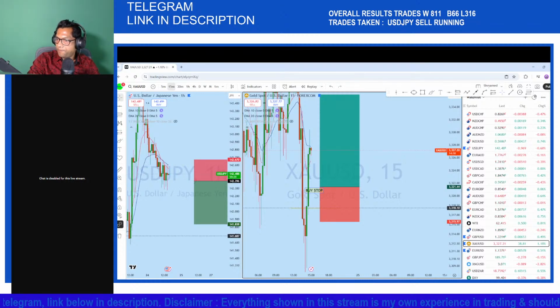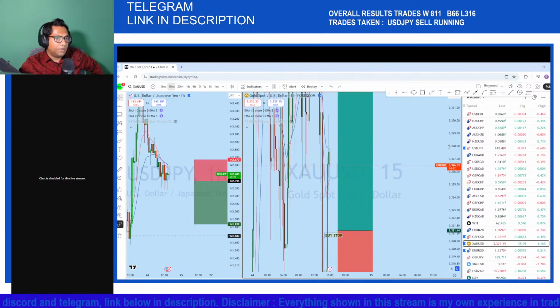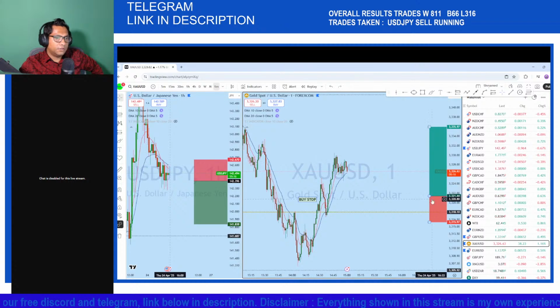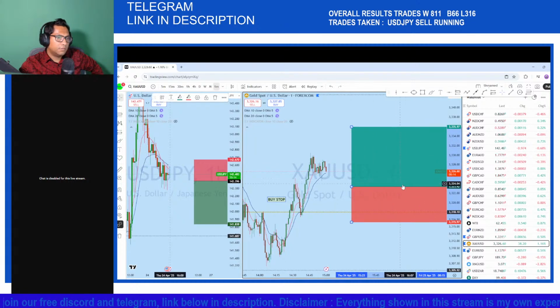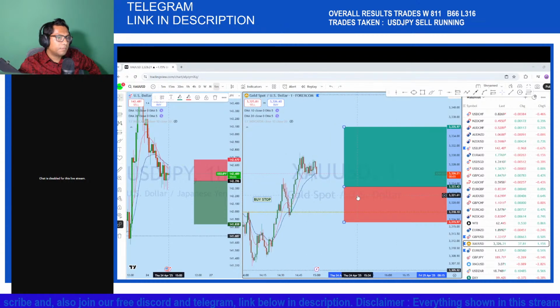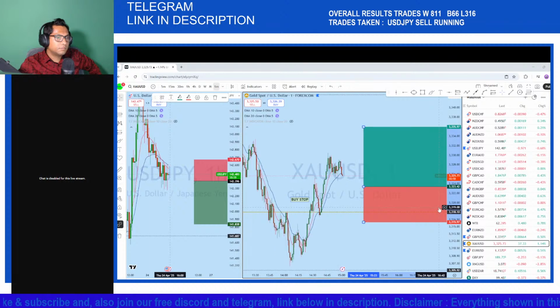And looking at, okay, so here this is the 15 minutes. This is a very interesting price action formation here. Come on, fair attempt from the buyers.